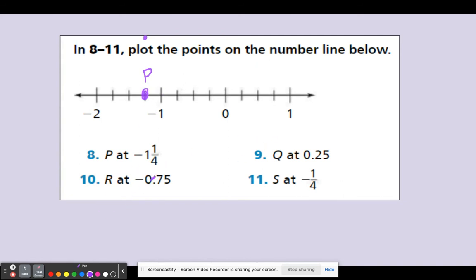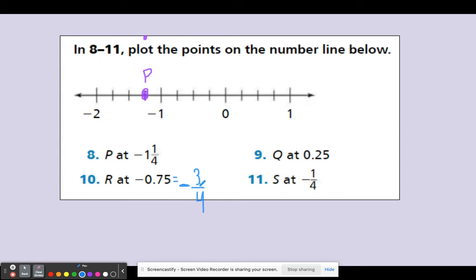So let's do R. Well, it gives me -0.75. None of these are decimals, but we should know money. If I have 75 cents, I have 3 out of 4 quarters. It was negative, don't forget your negative sign. If you don't know this, use your calculator. So now I'm looking for -3/4.